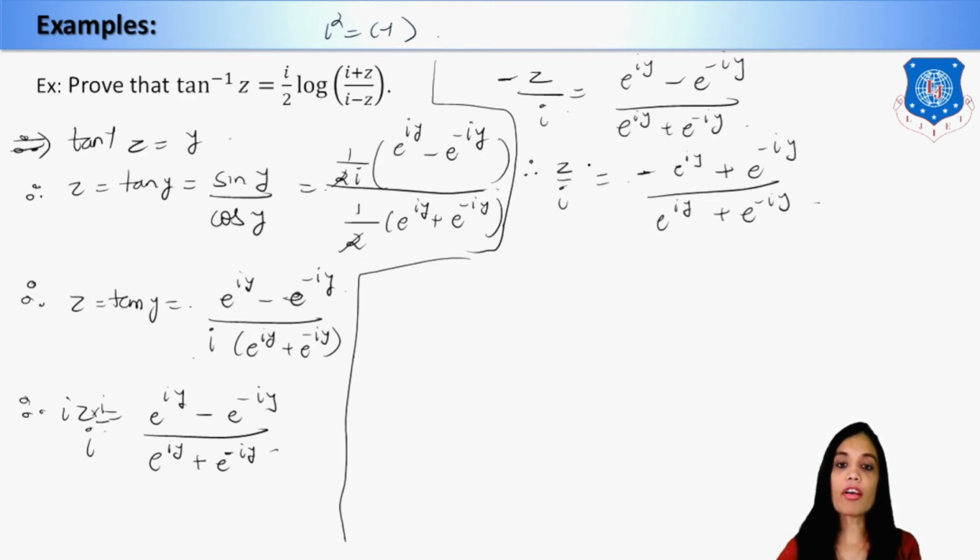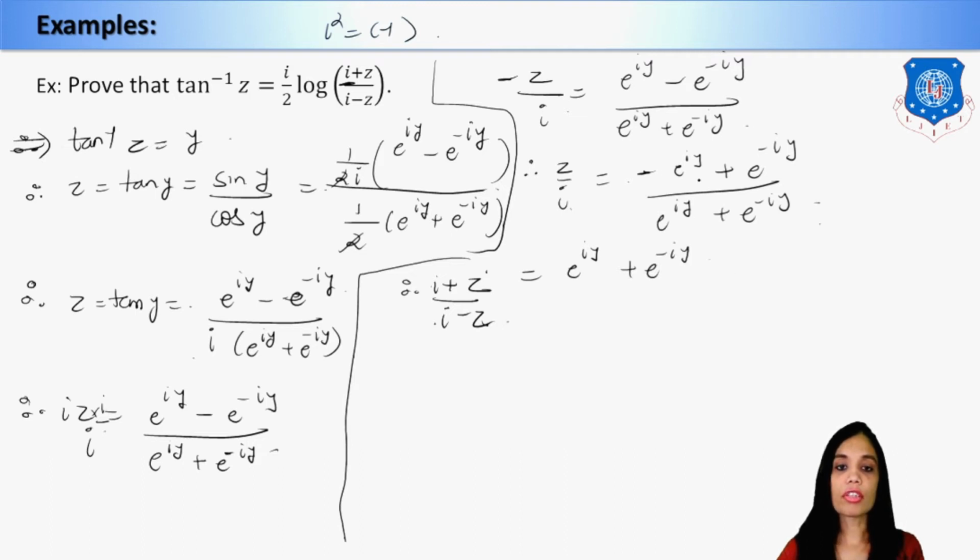Now let us apply componendo and dividendo. But I want i first, you can see over here. So what I will do? (i + z) upon (i − z). That is, denominator plus numerator upon denominator minus numerator. So here also I have to apply the same technique. So here we will have e^(iy) + e^(−iy).